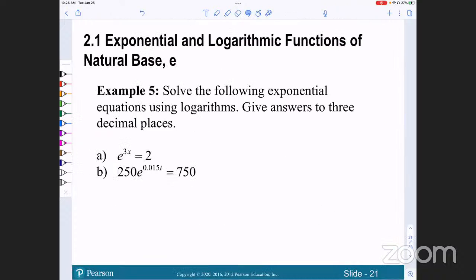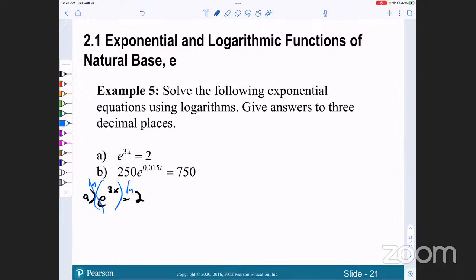I've been leaving them as exercises for you just for the sake of time. And in this example, we're going to solve the following exponential equation using logarithms and give answers to 3 decimal places. So for part A, we're starting with e to the power of 3x equals 2. We can take the log on both sides, natural log of this, natural log of this.